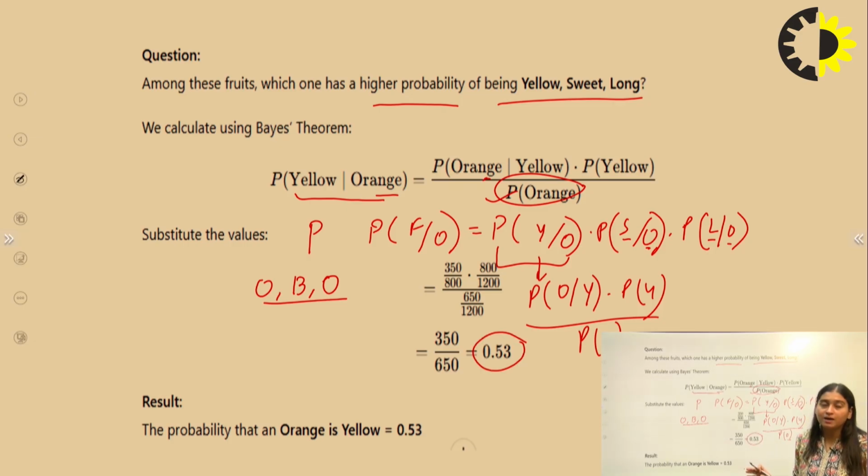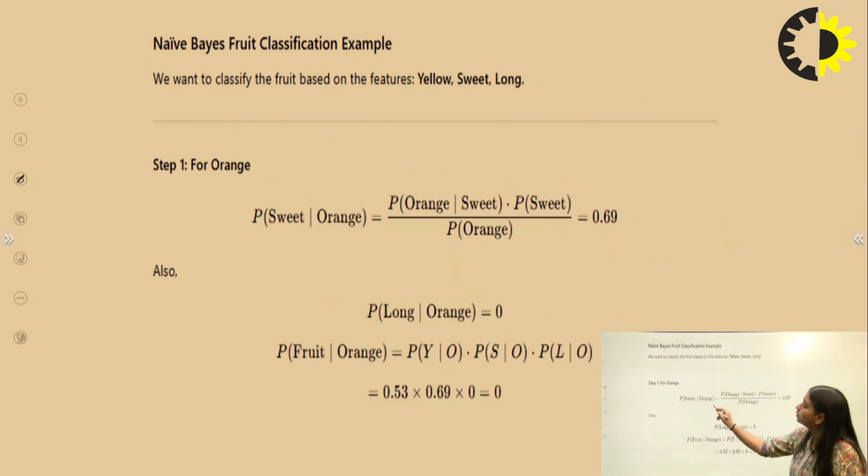In a similar fashion, we'll calculate all these values, for example P(sweet|orange) and P(long|orange). Here the value is 0.69 and here it is 0.